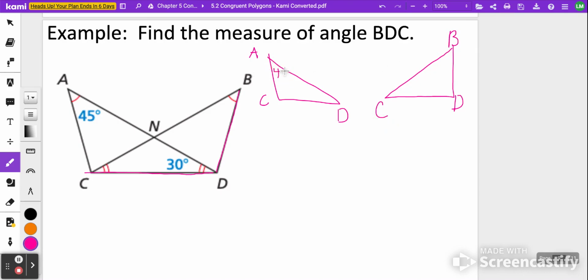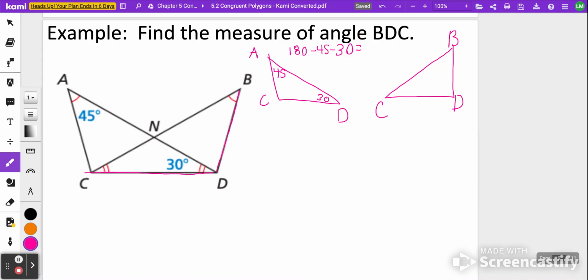It says A is 45 degrees and then D is 30 degrees. Okay? If I already know that this is 45 and this is 30, I do have enough information to try to find angle C, right? So I would take maybe my 180 and just subtract the 45 and then subtract the 30. And then that should give me the angle measurement for C.